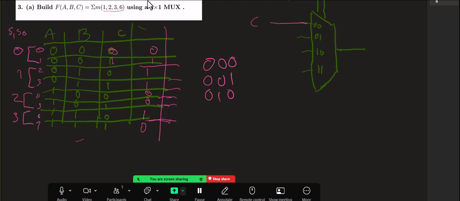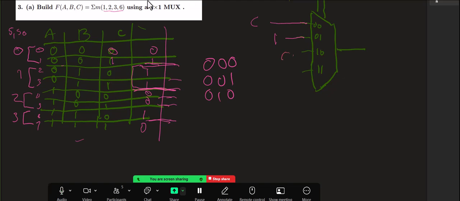So now, if I look at where AB equals 1, what do I want my input to be? 1. And now if I look at where AB equals 2, what do I want my input to be? 0.